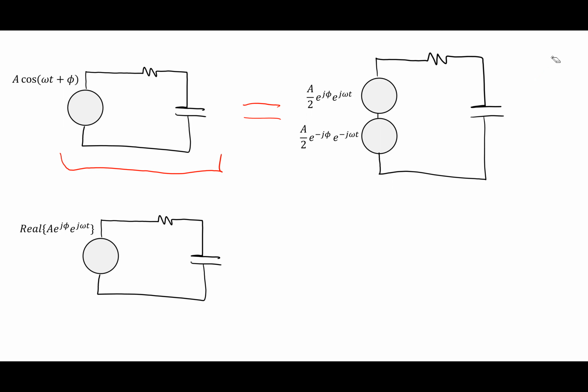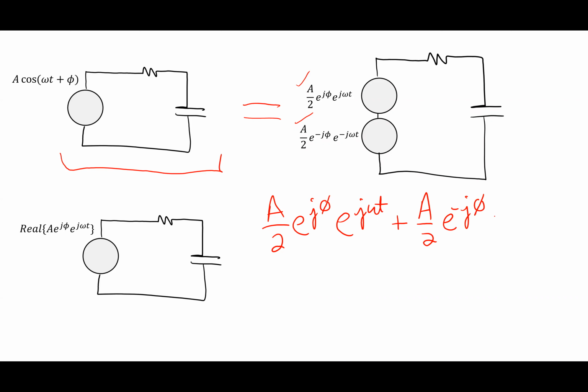If I look at the principle of superposition, and take the top source and the bottom source and put them together, I have A over 2 e to the j phi e to the j omega t plus A over 2 e to the minus j phi e to the minus j omega t. That is the voltage across those two things.